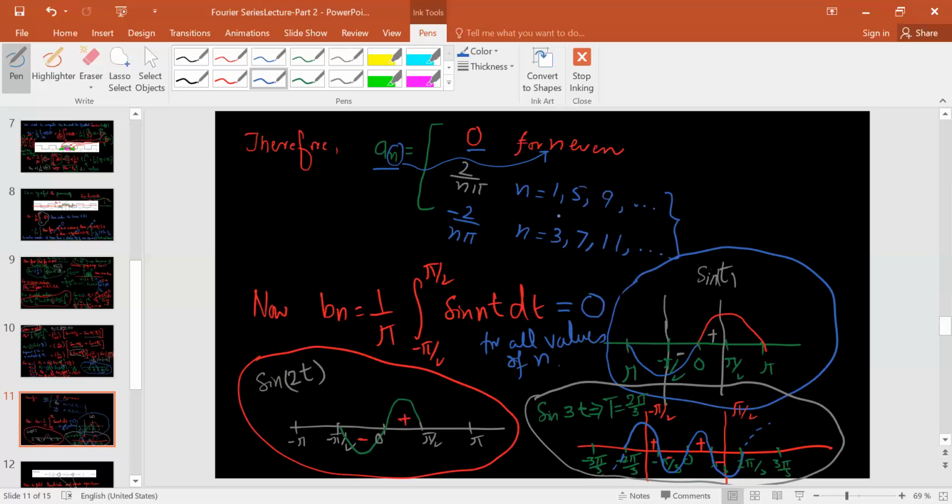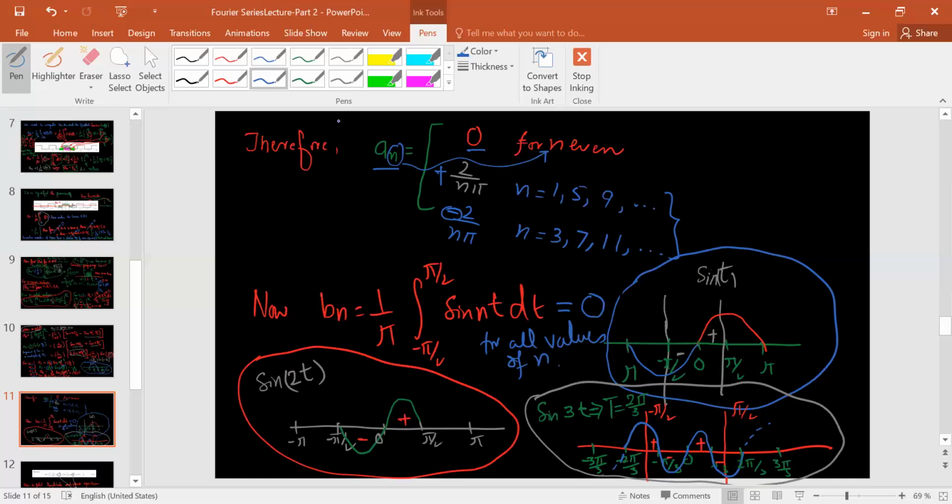The odds which are 1, 5, 9, and the odds which are 3, 7, 11. So for 1, 5, 9, I have a positive sign and then 2 by n pi. For these other ones, these are also odd, but they are 3, 7, 11, we have a negative sign. So it alternates between plus and minus.